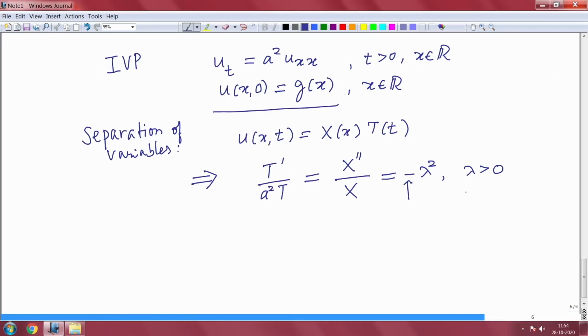And then lambda is a positive constant, and that results in two ordinary differential equations, one for capital T and one for capital X. So that further implies solving the resulting ODEs.